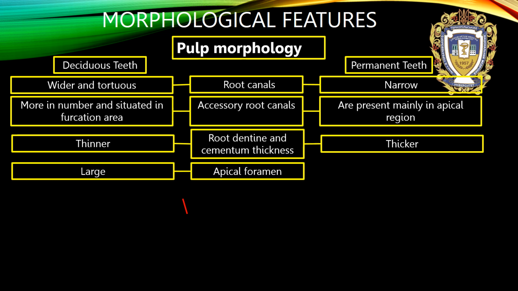Next very important feature, apical foramen. In temporary teeth, apical foramen is larger. In permanent teeth, narrow and constricted.